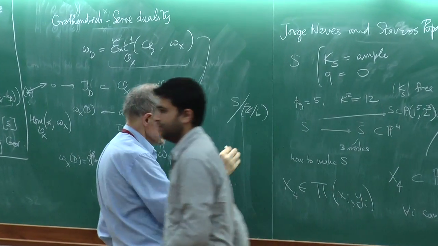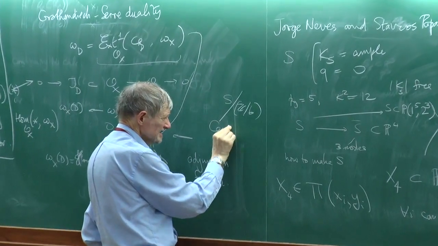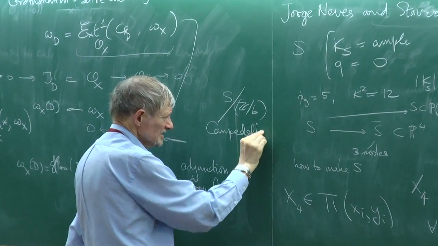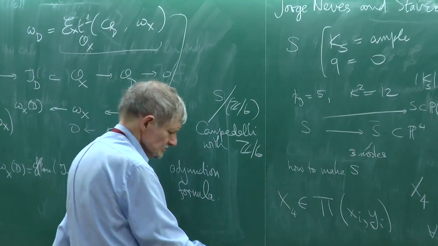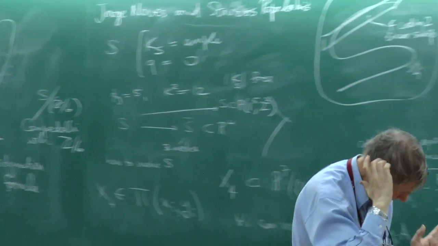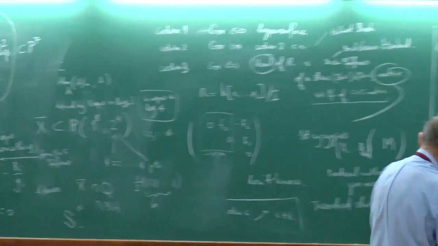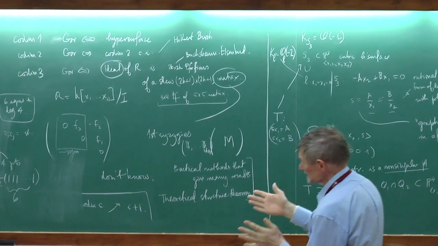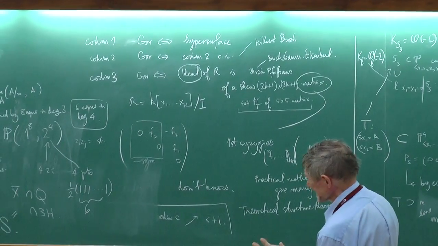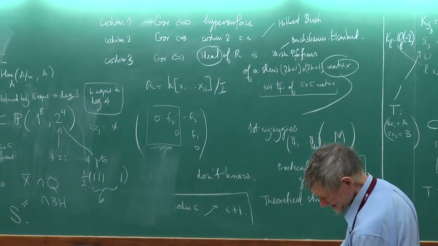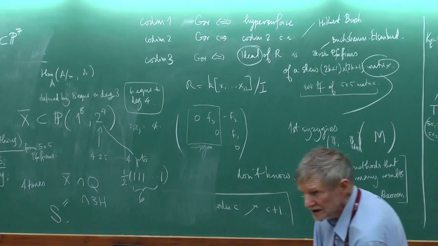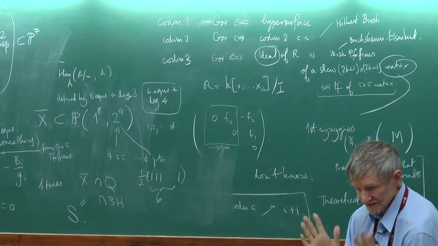Yeah, and this is Campanelli with Z6. Anyway, this is a very pleasant game to play. It certainly doesn't solve all the problems in the subject. Okay, let me leave it at that.